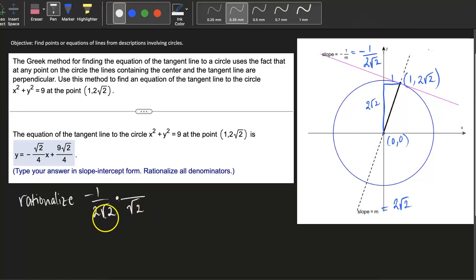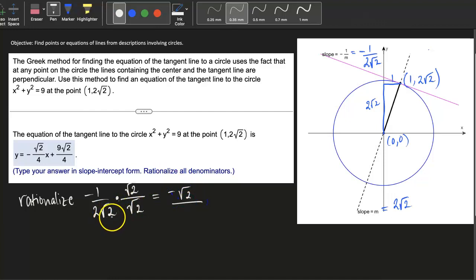And thinking ahead, if I multiply by √2, √2 times √2 is √4, which is just 2, no square roots involved. But again, I have to multiply the entire expression by an equivalent of 1, so I also multiply the numerator by that same value. And I get the following.